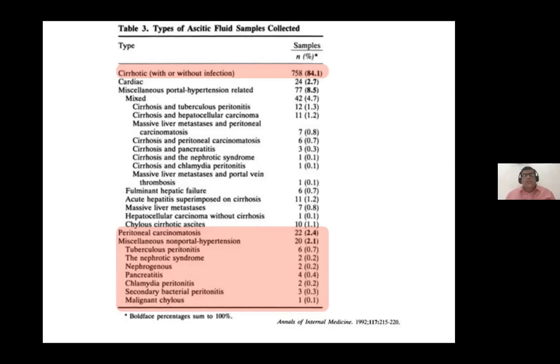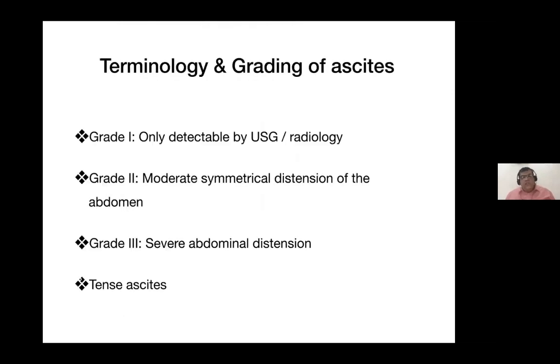So when we talk of management of ascites, you are looking at the grading of ascites, and certain terminologies like tense ascites, refractory ascites, recalcitrant ascites. So what does this mean? Grade 1 ascites is when it is detectable only on ultrasound or on radiology. Grade 2 is moderate ascites. Grade 3 is severe ascites.